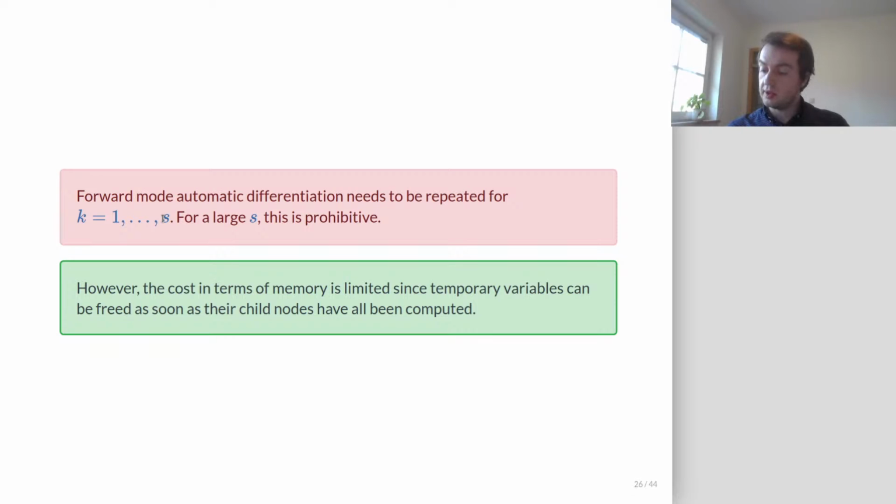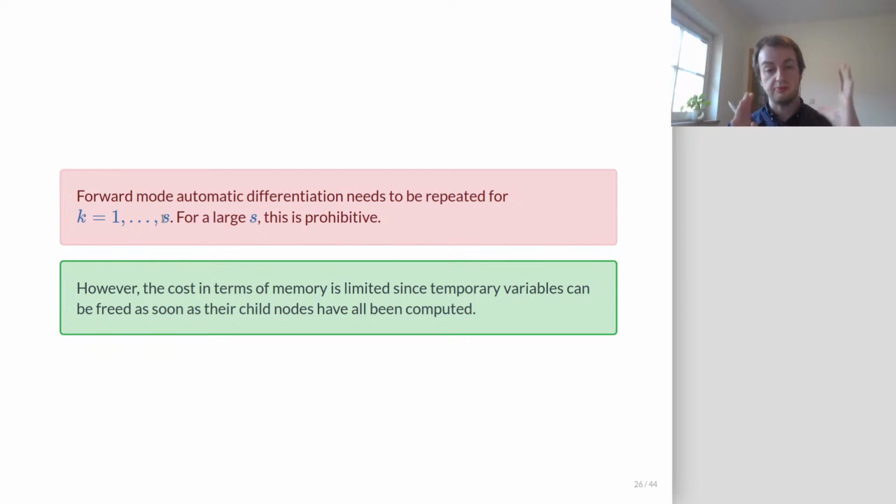So when we were computing, for example, the partial derivative of x4 with respect to x1, to do that, we needed to know the partial derivative of x3 with respect to x1, right? But as soon as you have used it to compute the partial derivative of x4 with respect to x1, then that term that you computed before for x3, you can discard it because you will not have to use it anymore.